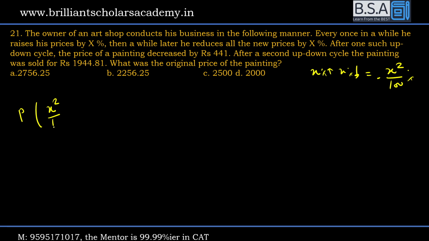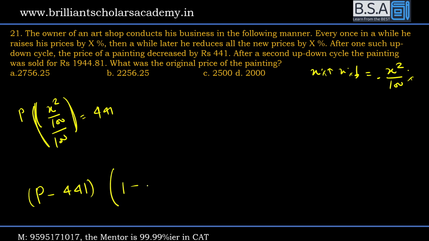You are going to decrease a percentage. How do you decrease a percentage? 1 minus R upon 100. This will be upon 100. This will become a square. How do you decrease 10%, 20%, 30%? You decrease in this manner. So I'm putting the percentage on 100 and decreasing it. 1944.